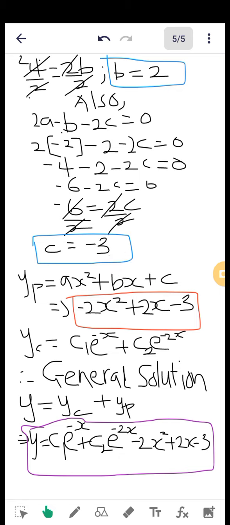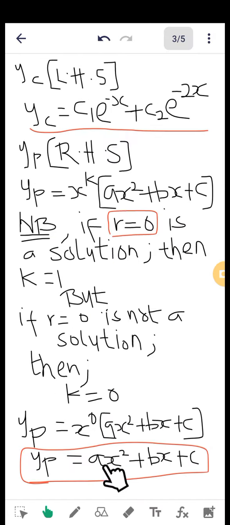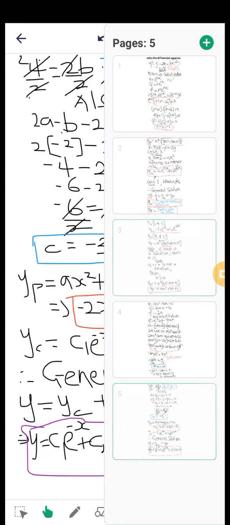Then after that, I already know my particular solution for the differential equation. My particular solution, I wrote it in the form ax squared plus bx plus c. So after getting the value of a, b, and c, you substitute it back.